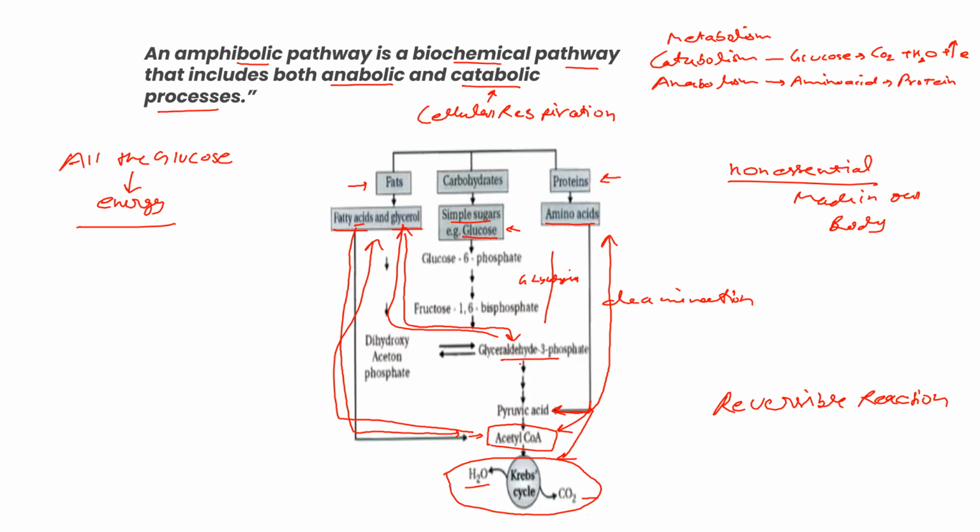And in the opposite direction, it can also form amino acid, fatty acid and glycerol. So here catabolism, breaking down, is happening, and synthesis of fatty acid, glycerol, amino acid is also taking place. That is called amphibolic pathway. Both catabolic and anabolic processes take place.